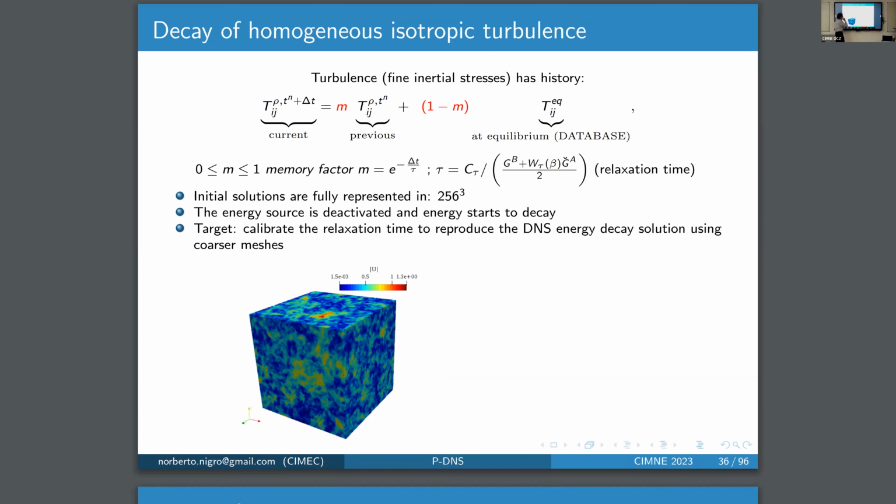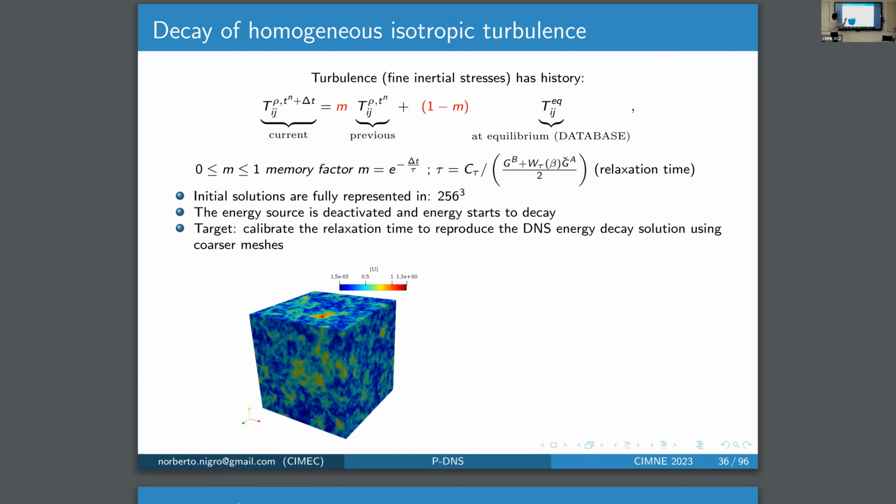But one thing that is very important is that this G is not the velocity gradient in the previous time step, it is the velocity gradient that, making inverse engineering, you reach when you take the tensor in the previous time step. Because this is the real value.